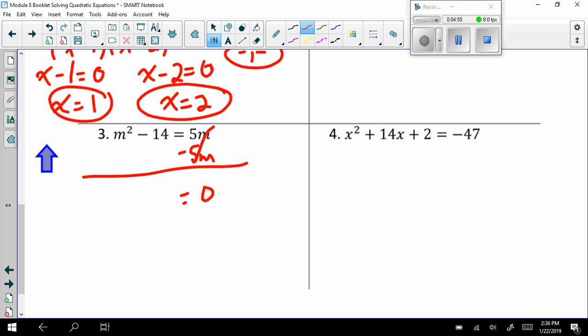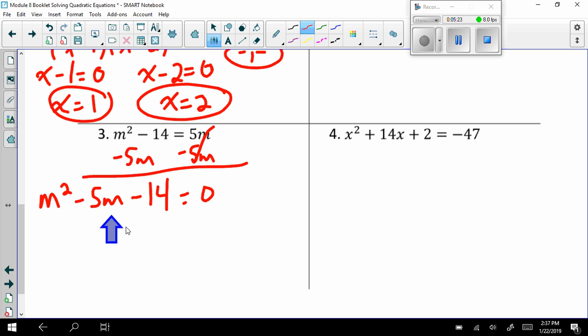Now, what I do to one side, I need to do to the other. And normally I say line it up with its like term, but there are no like terms on that side, so I'm just putting it in the middle. Since I can't actually do any addition and subtraction because they are not like terms, I'm just going to write them in order from highest degree to the constant. Now I'm in standard form.